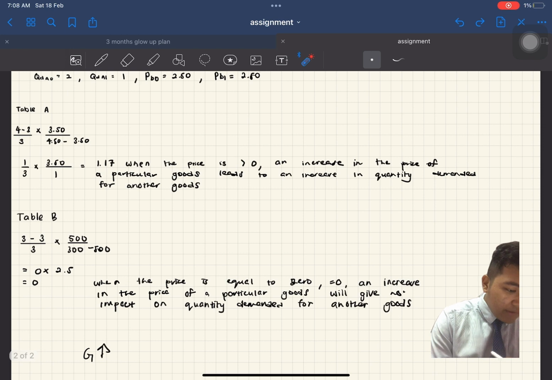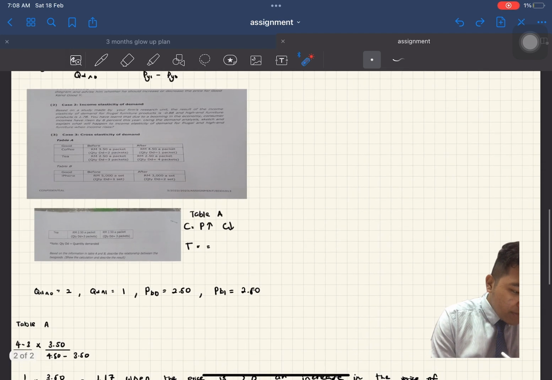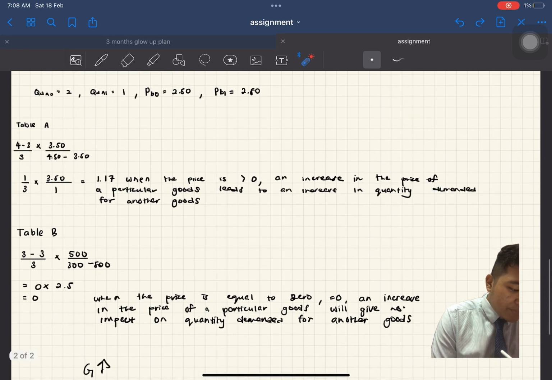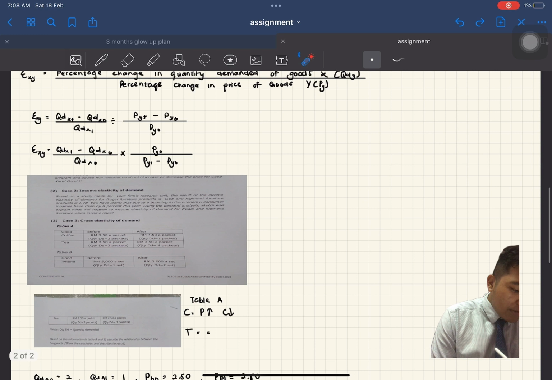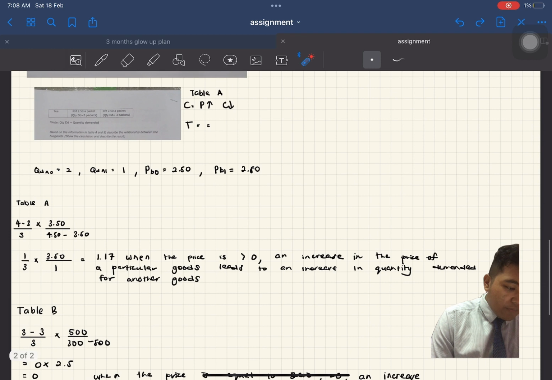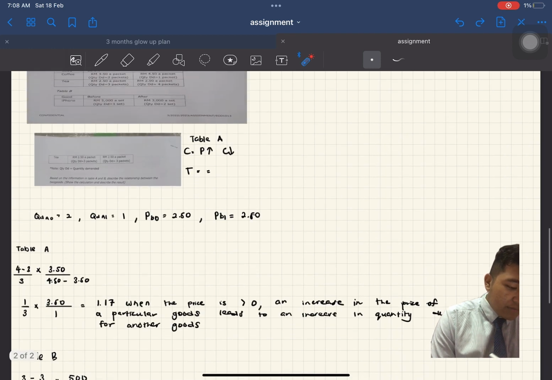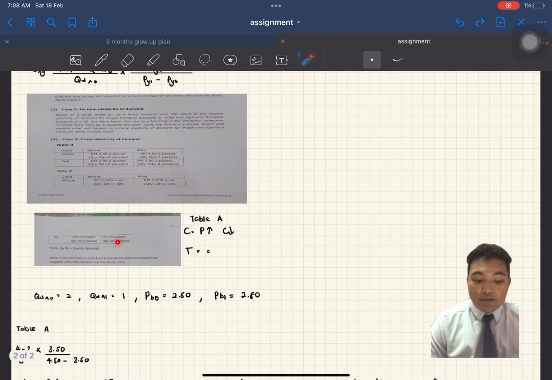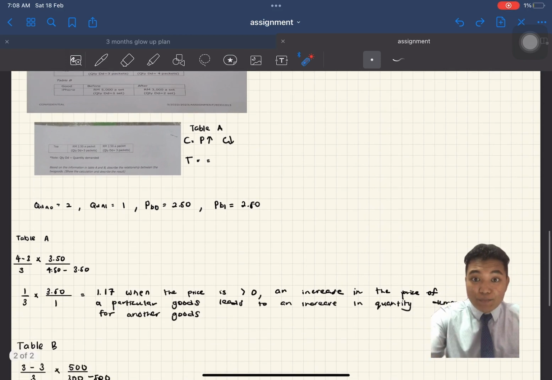An increase of the price will not give an impact to another good, because this is iPhone but this is tea. So if the price of iPhone increases but the tea is not affected, the quantity demanded for tea is not affected. So I think that's all from me, and thank you.